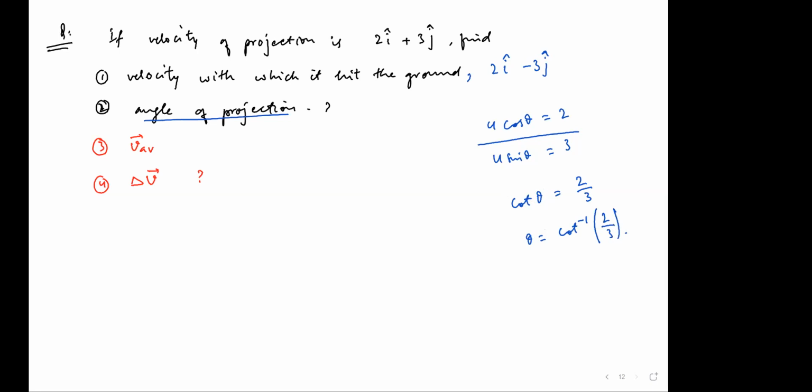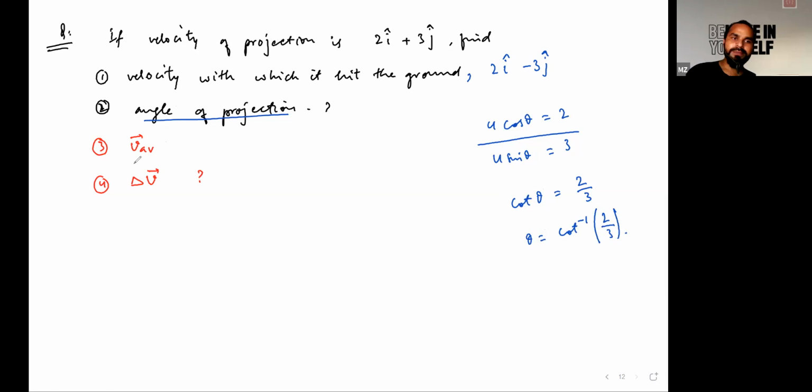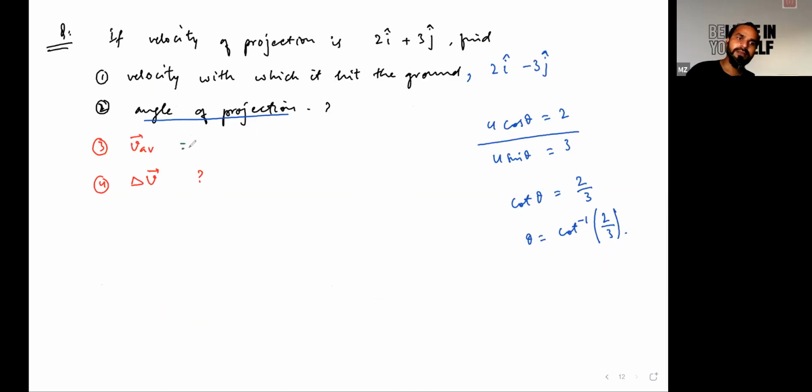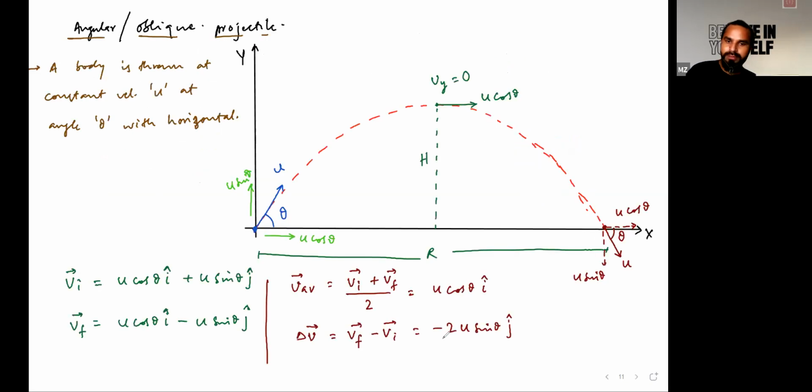Yes, sir. Now, the next part is to define average velocity. We have a formula of average velocity as simply u cos theta i cap, so it will be nothing but 2i cap. And the last one is the change in velocity, which is equal to minus 2 times u sin theta j cap.